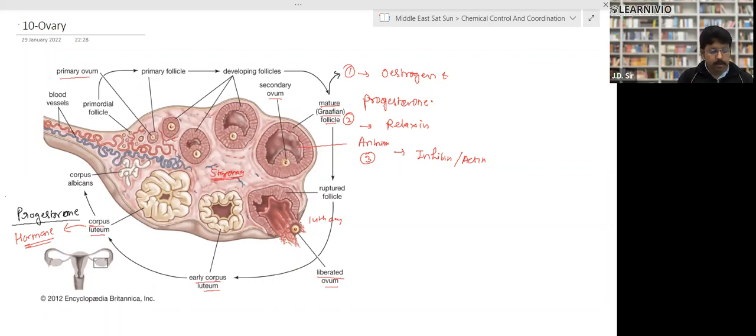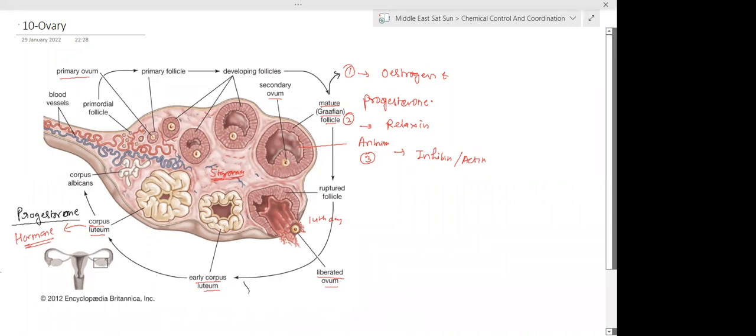It is required for the formation of placenta and for the development of the mammary gland, and for maintenance of pregnancy.